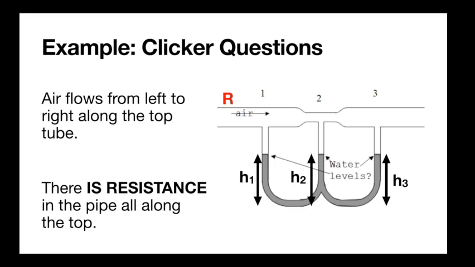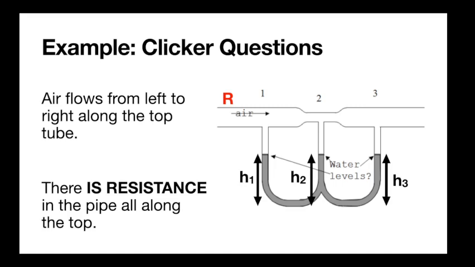So the pressure in this pipe at the top is going to push down on these columns of water because there's air pressure in the tube, and these levels will come to certain heights. They're not equal here, this is just drawn so I don't give away the answer.